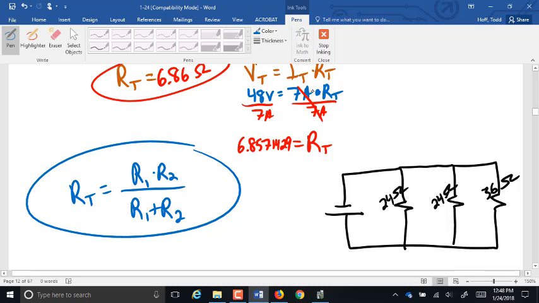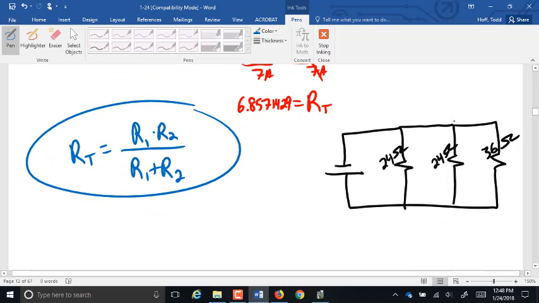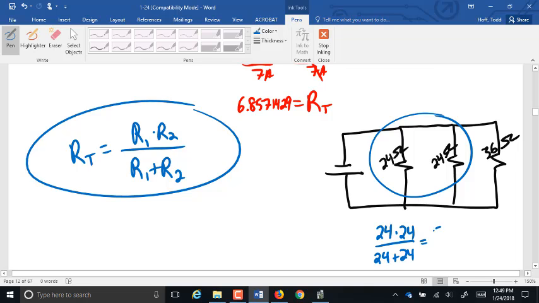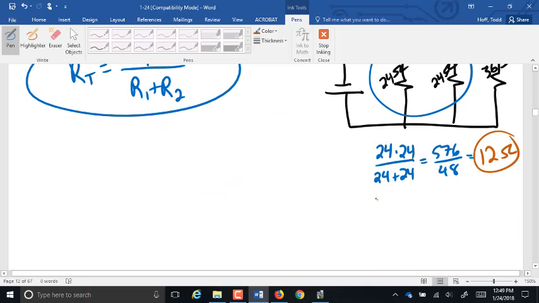You could combine them two at a time. So 24 times 24 over 24 plus 24, which is 576 over 48, which is what? 12. And then you can take that 12 and combine it with the 36.